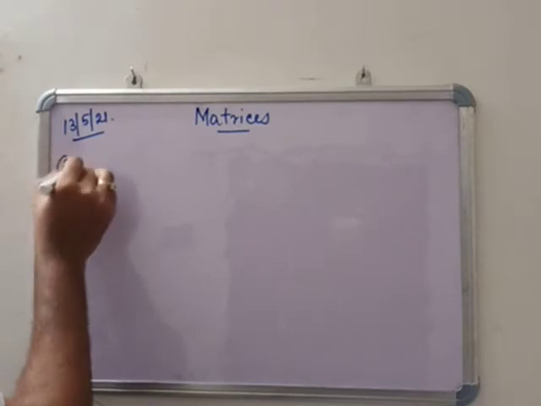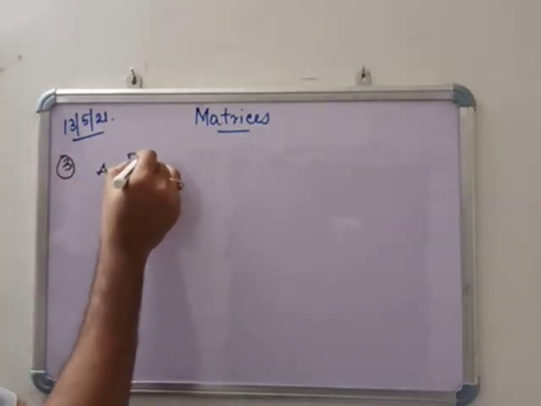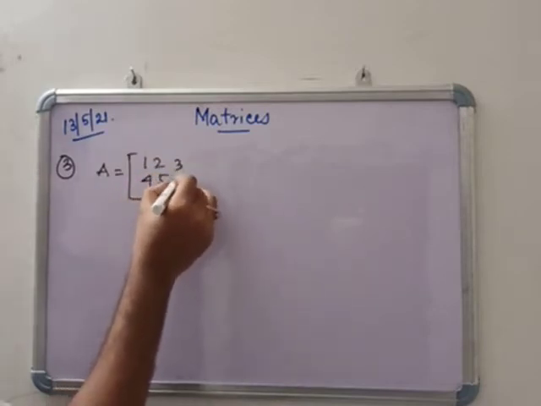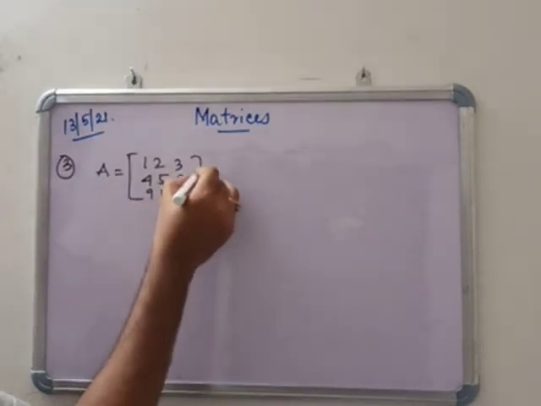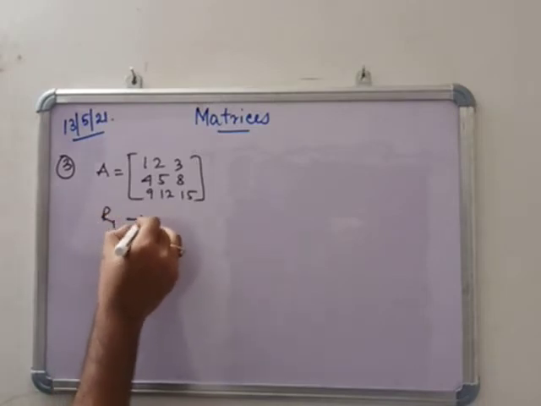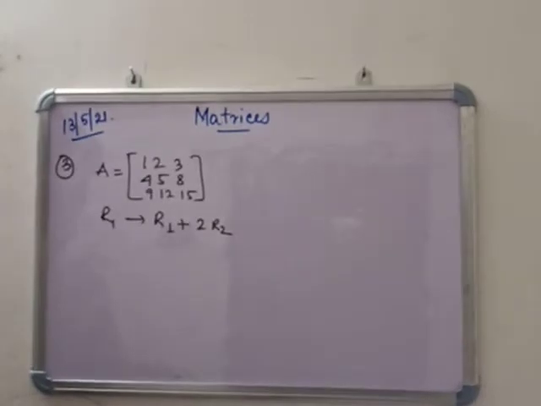In number 3, if A equals to 1, 2, 3, 4, 5, 8, 9, 12, 15, we are applying R1 plus 2 R3.